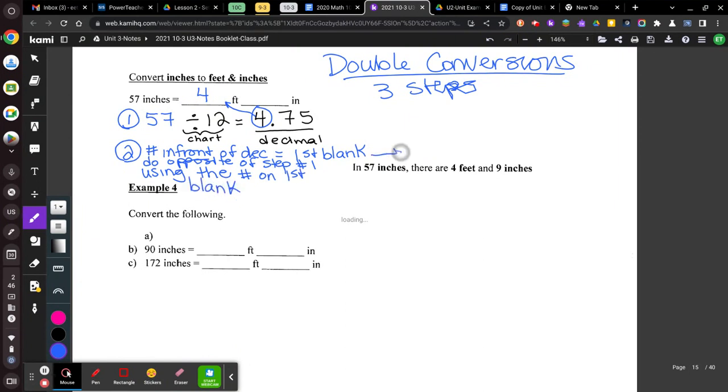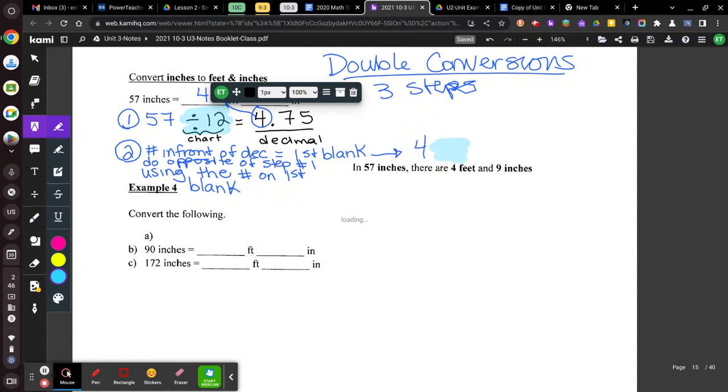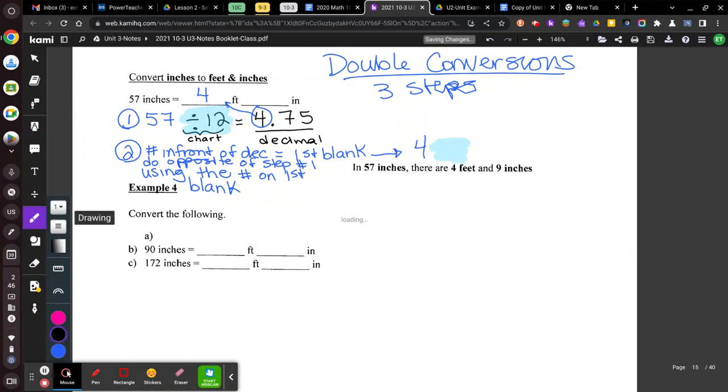Okay, so this step is going to do this, 4, and now I'm doing the opposite of that. That's what's going to go here, opposite. So instead of dividing by 12, I'm going to times by 12. Okay, that's going to give me 48.